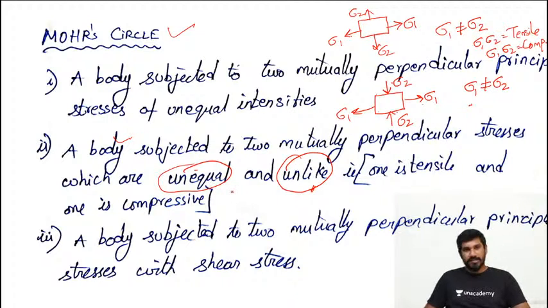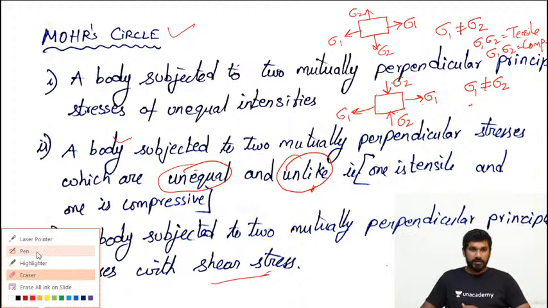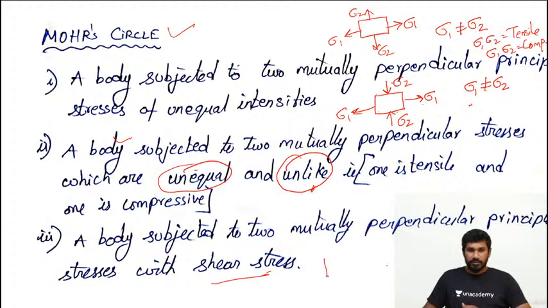And the third one is when a body is subjected to two mutually perpendicular principal stresses with shear stress.